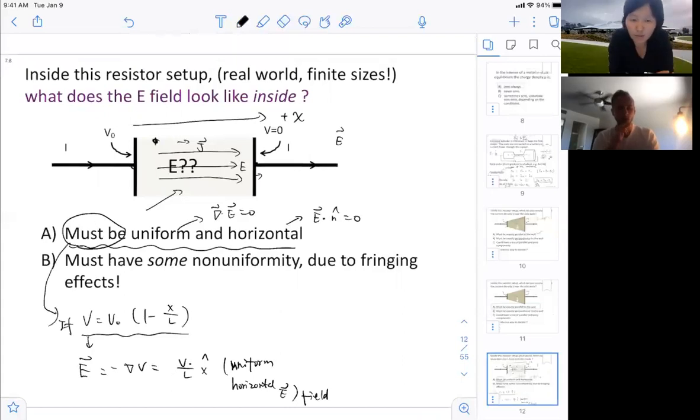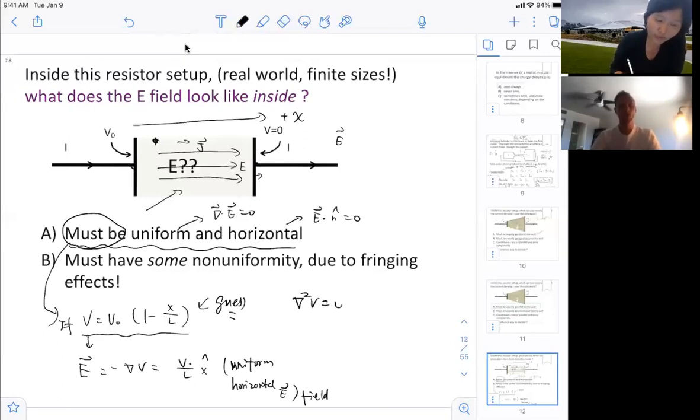So we argue this must be the case. Why must it be? This is very similar to what we talked about previously. You might think, can I use the uniqueness theorem? The uniqueness theorem says if you can guess a solution that satisfies the Laplace equation and all the boundary conditions, then it must be the only solution.